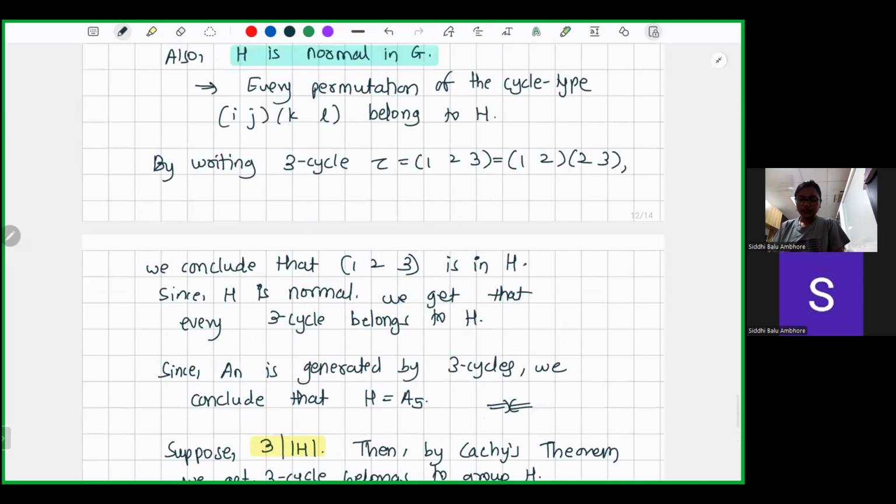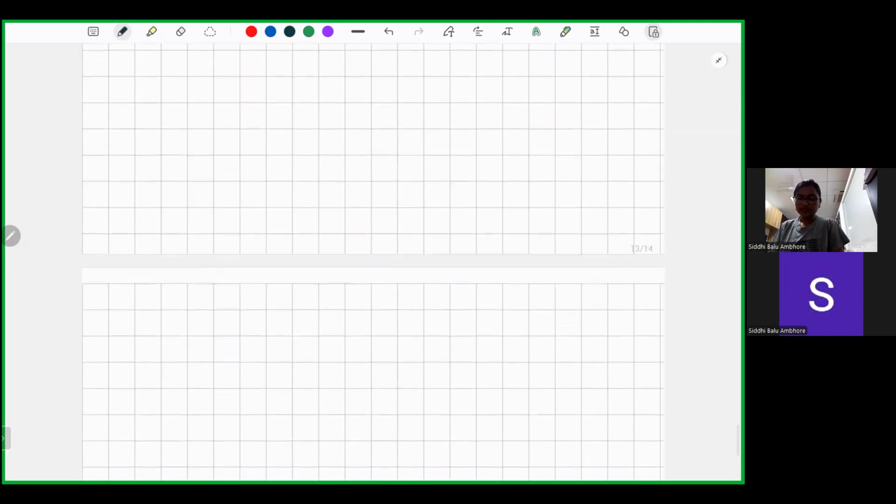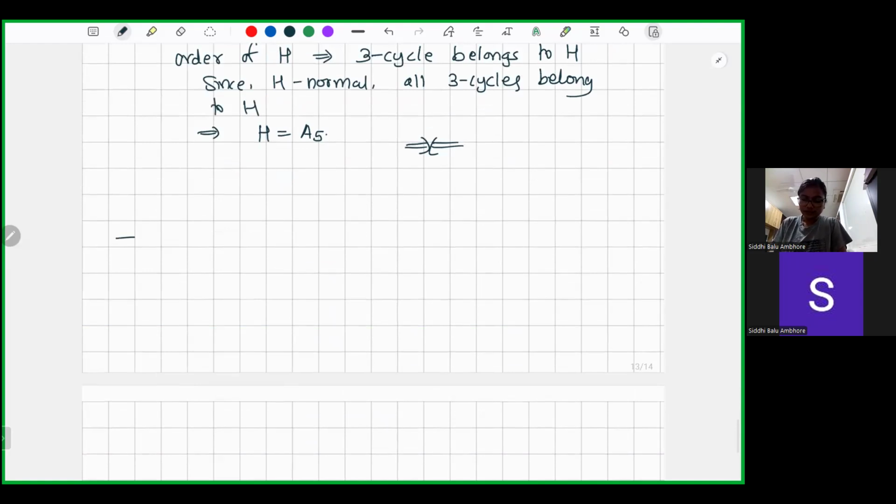But apart from this, these are some results which I would like to write here. Some of these we have proved in our previous sessions, but I think they will be helpful.